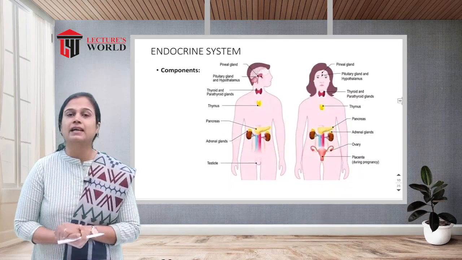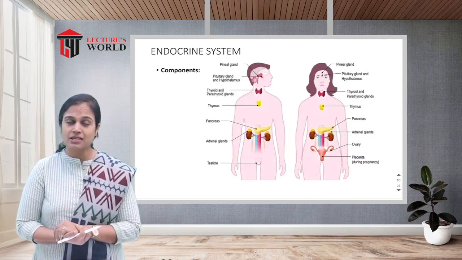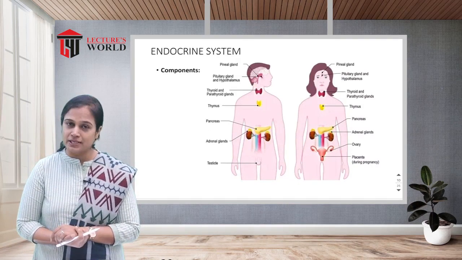Another system is the endocrine system. Endo means inside: secretion of certain substances in the body that regulate certain systems and processes. That is the endocrine system.